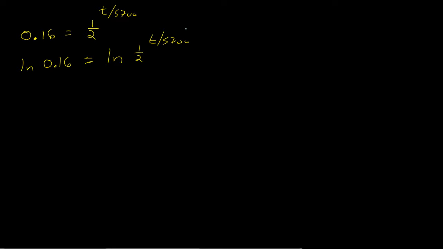My rule of exponents says I can multiply this in the front, so I will get ln 0.16 equals t divided by 5700 times ln 1/2. Well, I want t on its own, so I'm going to divide both sides by ln 1/2.